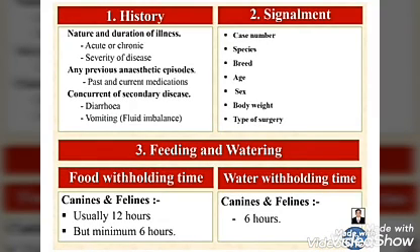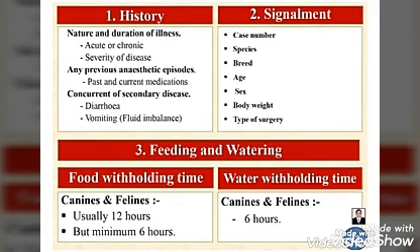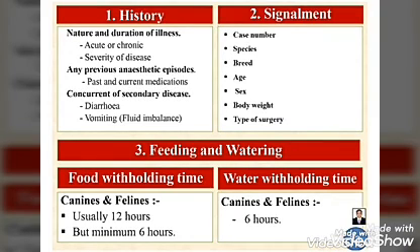This makes accidental administration of anesthetic drugs to the wrong animal less likely. Many times misidentification of animals, even misidentification of drugs, has happened, so the wrong drug is administered in a higher dose to another animal. If you want to avoid such accidents, take a perfect history and mention it perfectly.